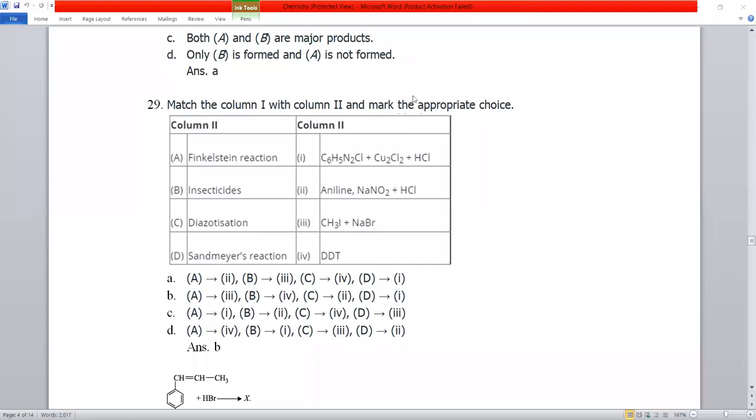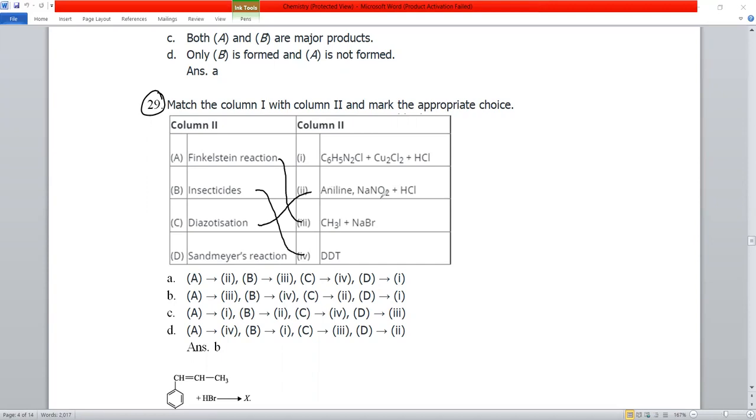So question number 29, students. Match the following. Column 1 they have given types of reactions, and column 2 you have to define. Finkelstein reaction is used for iodoalkanes, the halogen exchange method. Insecticide, what is there here? Insecticide is DDT, dichloro diphenyl trichloroethane.